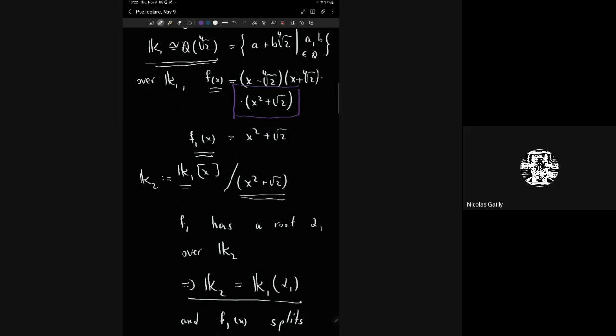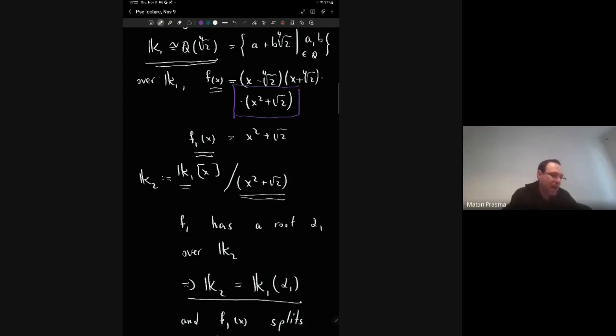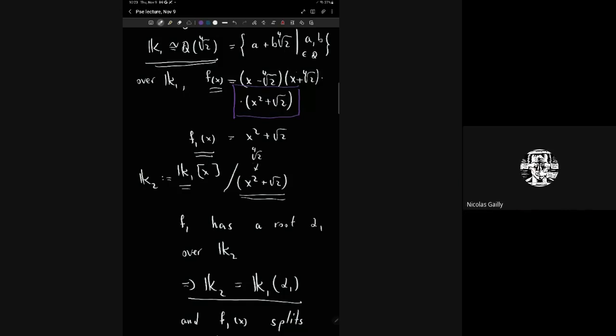Okay, so because of this, alpha 1 can only be i, or square root of 2 times i? Alpha 1 needs to be a new root. Of course, the fourth root of 2 is also a root of this polynomial, but it's already contained in K1.